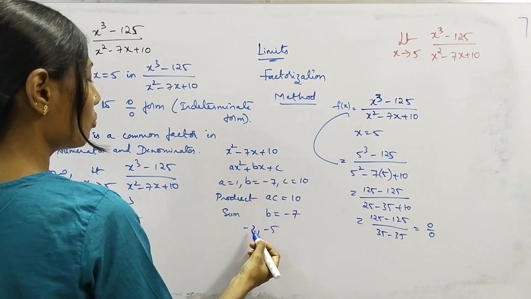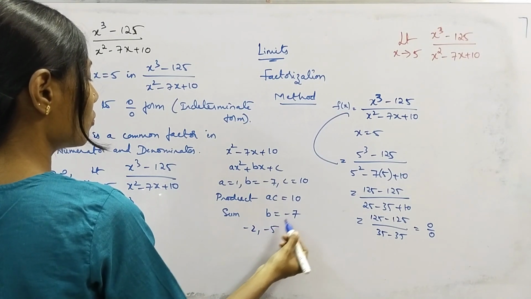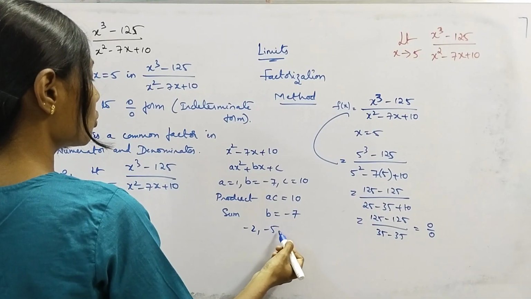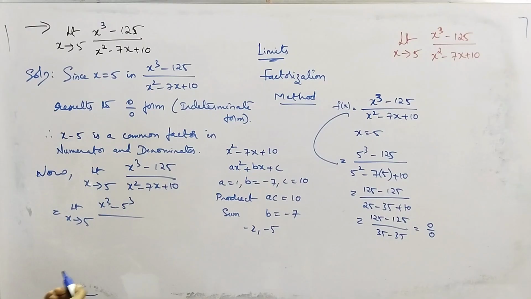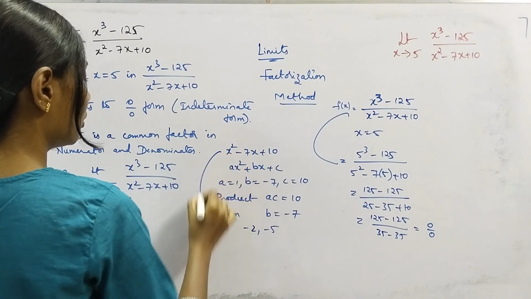Check: minus 2 plus minus 5 gives minus 7, and minus 2 into minus 5 gives 10, right? So these will be the two numbers we need.